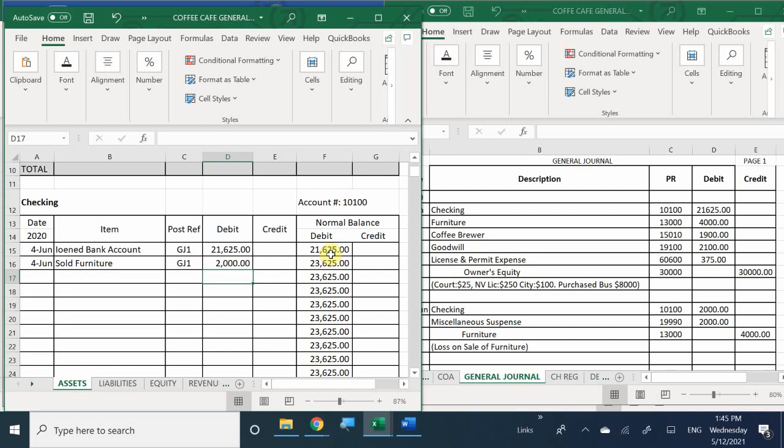And notice this. Do you understand why you're more commonly having a normal debit balance? It's because when you have a checking account and you're dealing with sales, you're always going to increase your checking with a positive number, right?